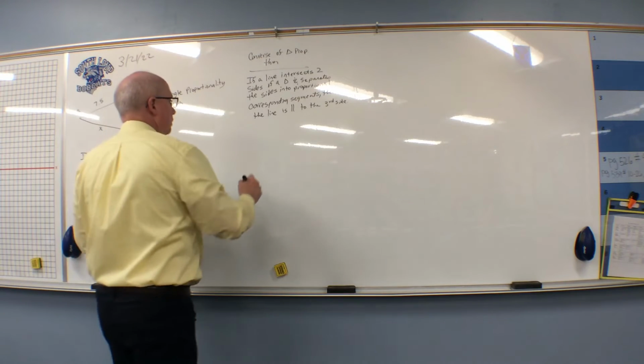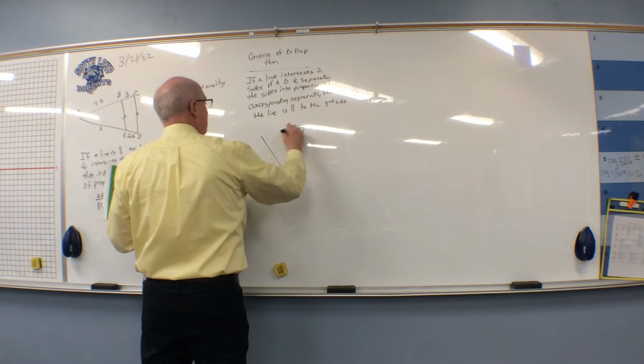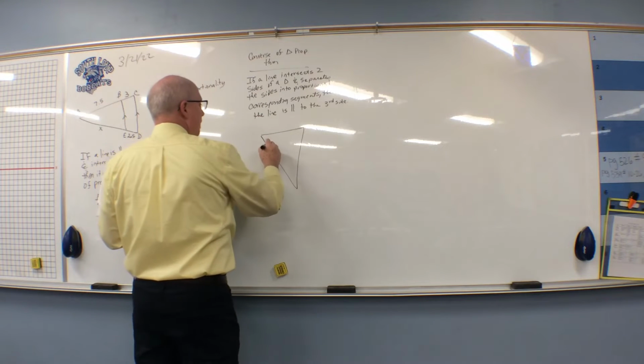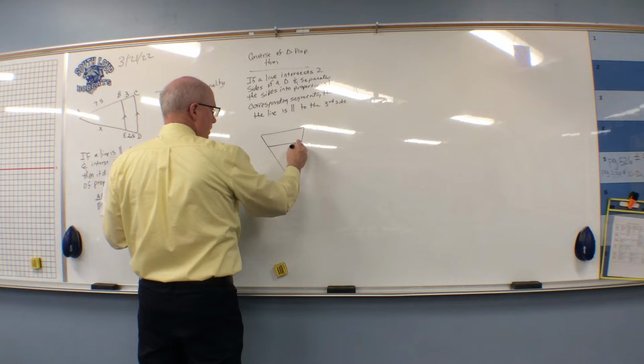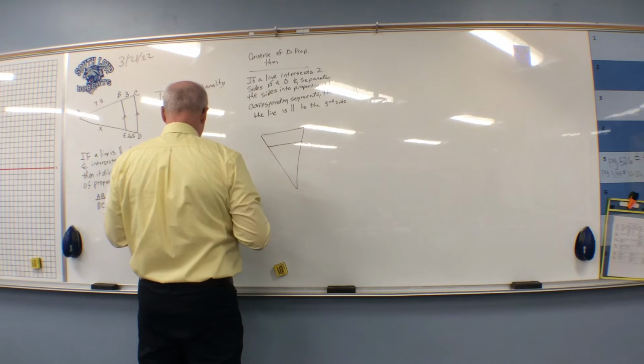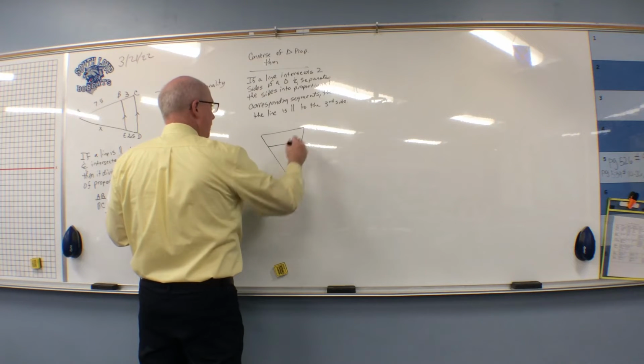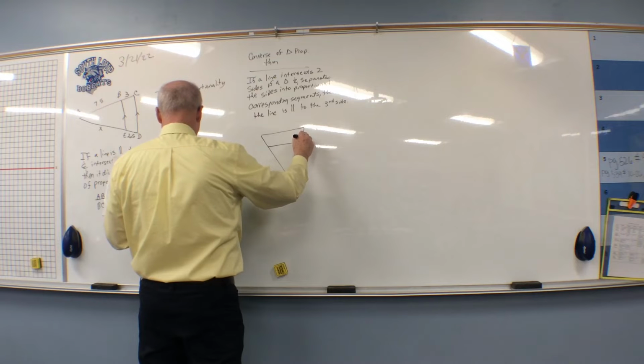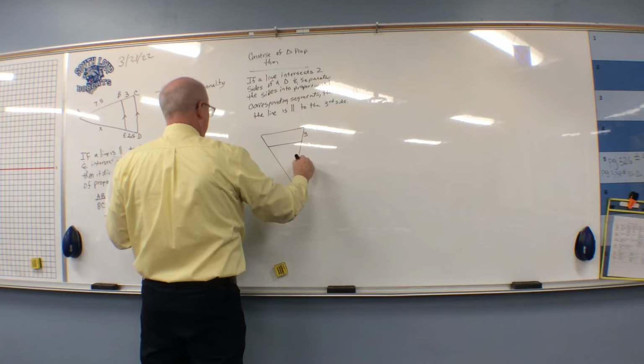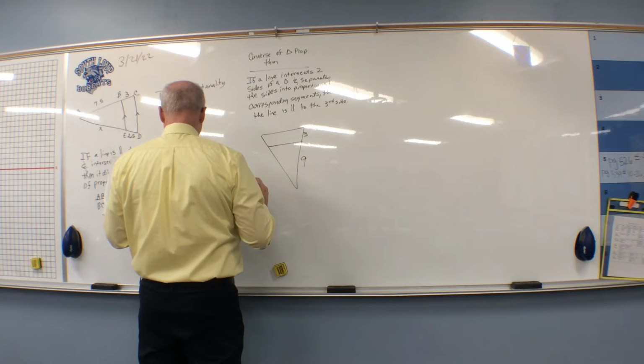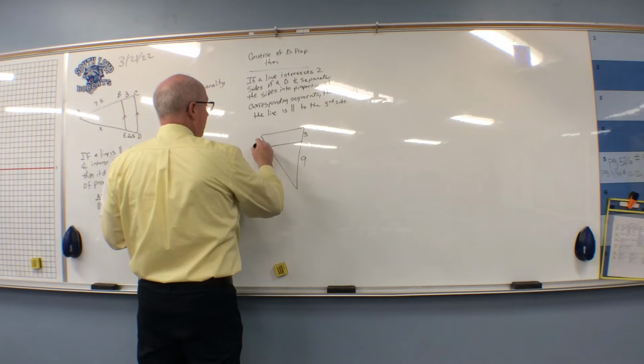All right. Now let me show you what I'm trying to say. Let's say that I just draw this so it connects. All right? And I say that this is 3. This is 9. And this is 1/3 the length of the whole thing.